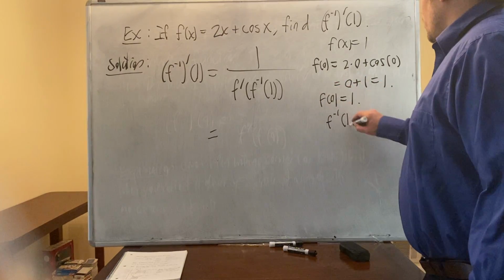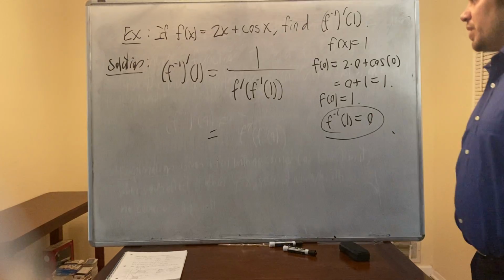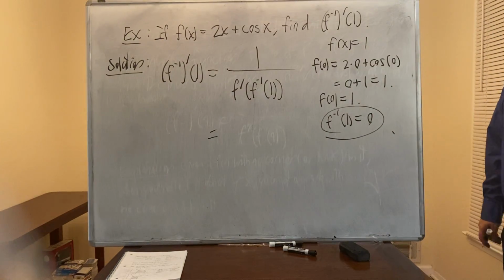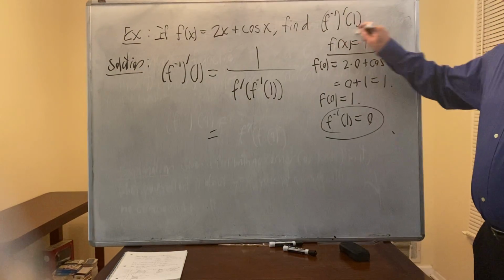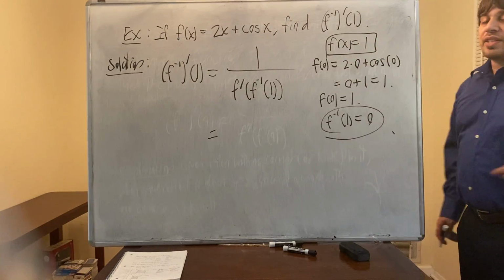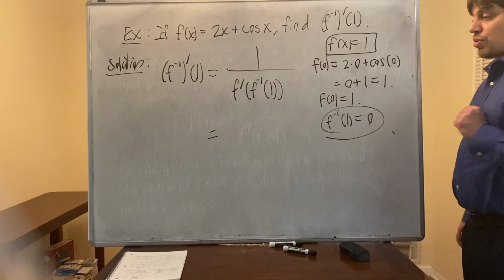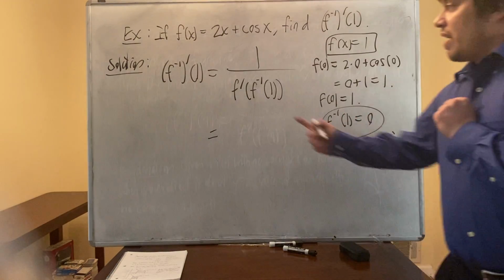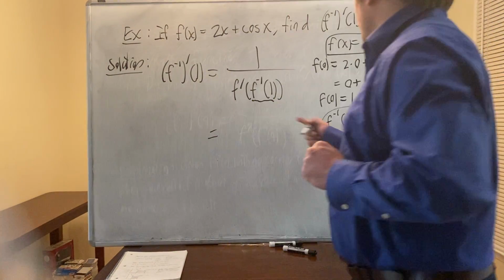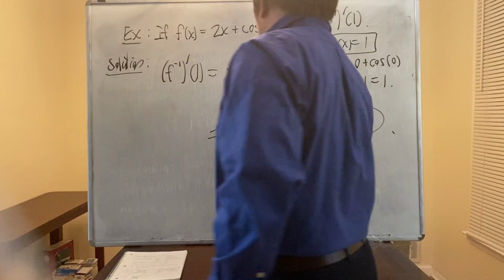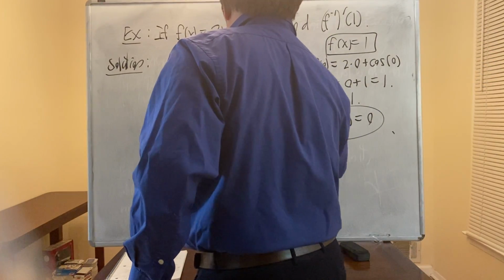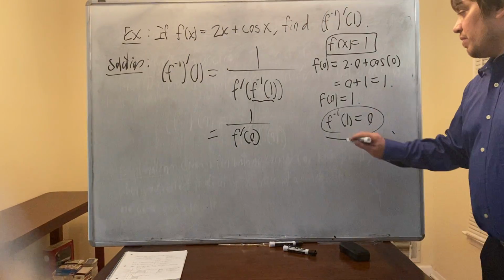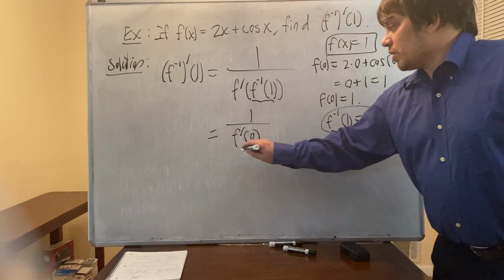So f inverse of 1 is equal to 0. That's what I wanted. Okay? So what I did was I found a value of x such that f of x equals 1. f of 0 equals 1, that means f inverse of 1 equals 0. So I plug that in here, and you get 1 over f prime of 0, because f inverse of 1 is 0.